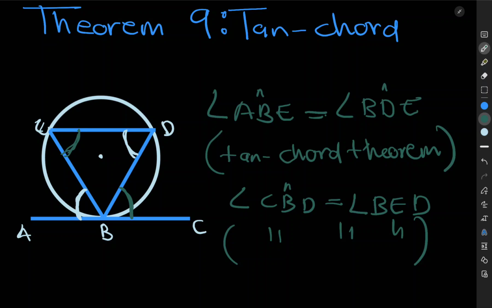And you'll be told in many cases to find a certain angle, and you'd have to give the reason that it's tan chord. So please practice it as much as you can. And yeah, that is it for this video, and that is it for this whole series of giving you a summary of all 9 theorems.